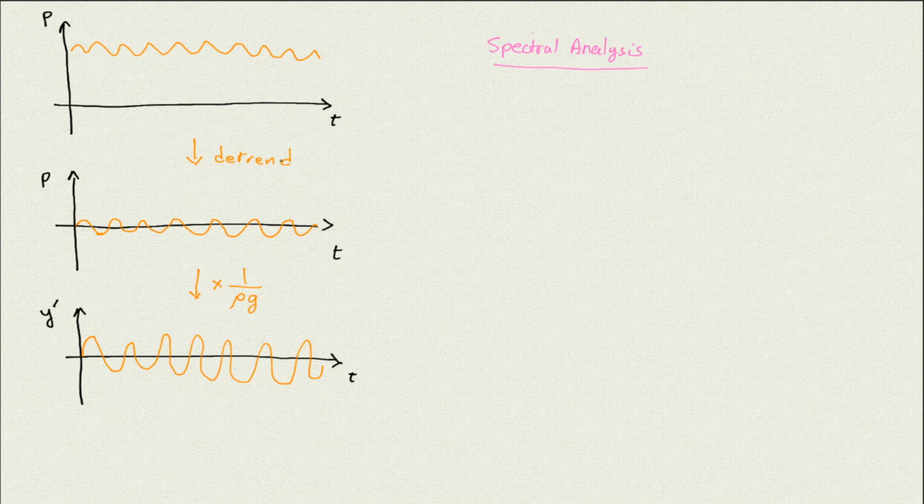So from the pressure we get to the y prime, and from the y prime we will calculate the power spectrum of that wave data. And then to get the power spectrum of the correct wave surface elevation, to compensate for the energy we lost, we divide the power spectrum of y prime by the pressure response factor squared.